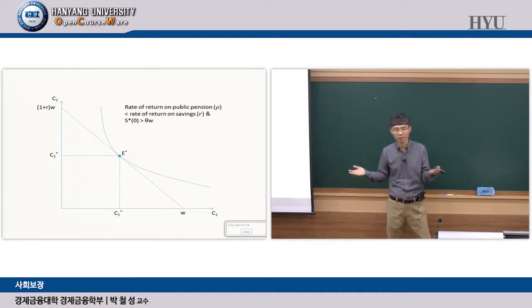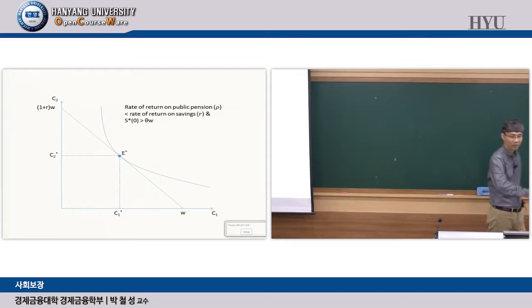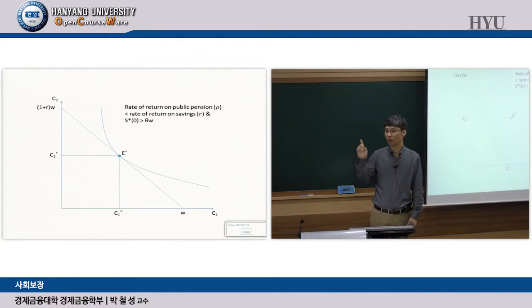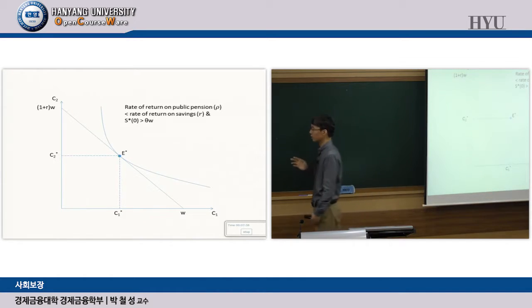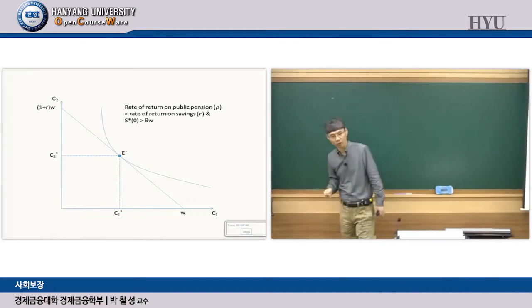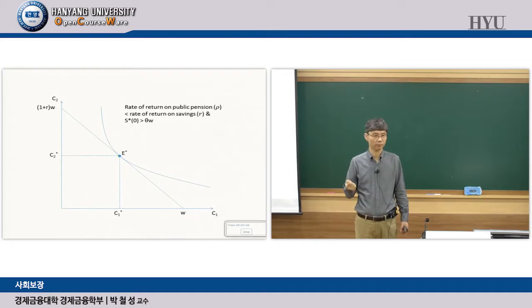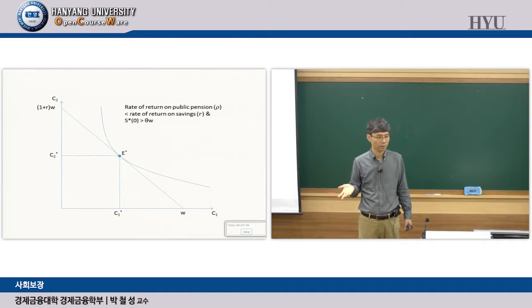It means that the rate of return to the pension is not as high as you actually expect. It is quite possible that the rate of return to pension is smaller than the rate of return to private savings, private investment. Okay?